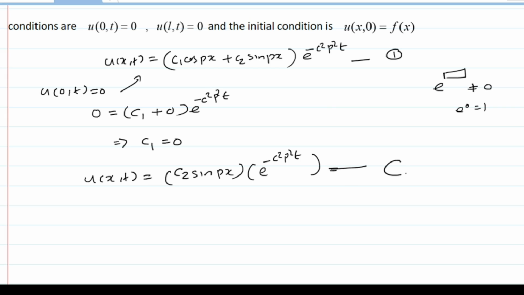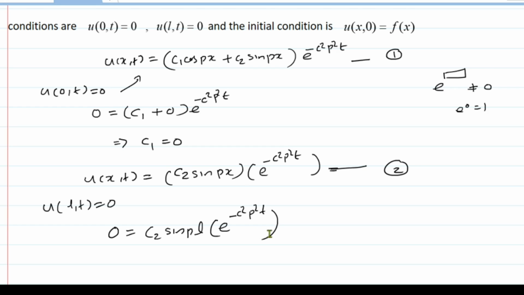We can call this equation number 2, updated by applying c1 equal to 0. Now we apply the second boundary condition, u(L,t) = 0. That is 0 equal to, wherever we find x we put L, c2 sin pL e^(-c²p²t).